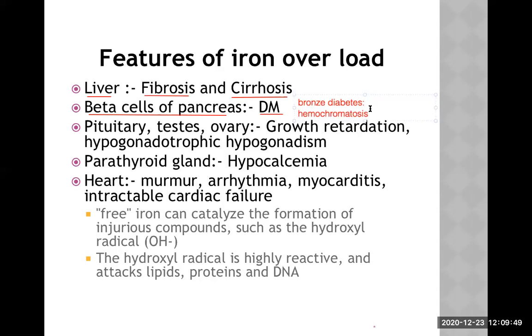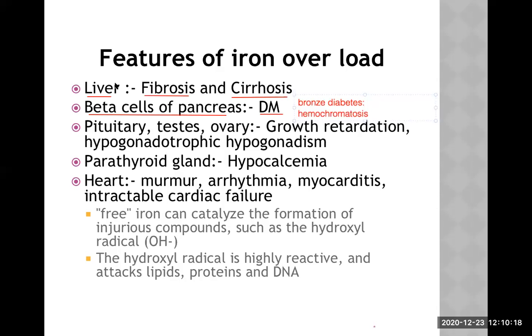So the skin is also looking a bit brownish, a brownish or bronze type of appearance. At the same time, because of damage of the beta cells of the pancreas, the person is having diabetes. So when we combine these two things together, this is known as bronze diabetes. Important MCQ question in the exam. Very commonly occurs in primary hemochromatosis than in the secondary.